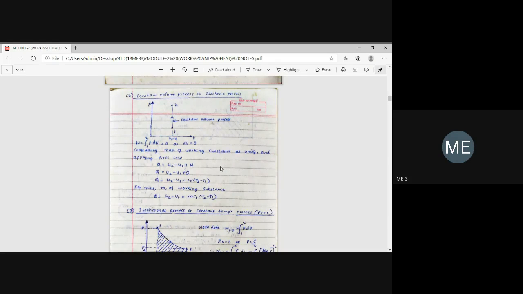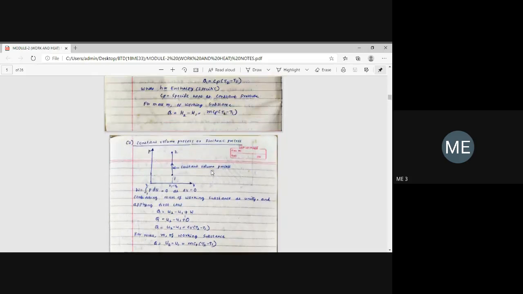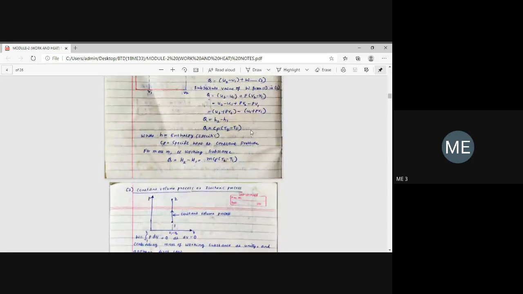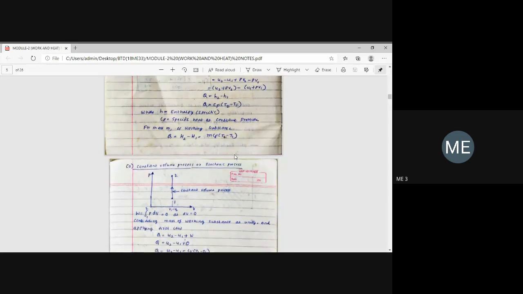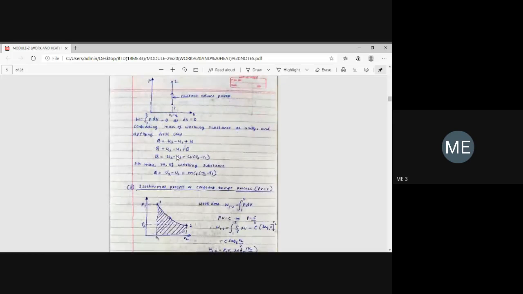You have to remember two formulas: one is enthalpy and one is internal energy. Enthalpy is given by Cp into T2 minus T1, and internal energy is given by Cv into T2 minus T1. These are certain formulas you should remember, just like you remember the formulas for work done.